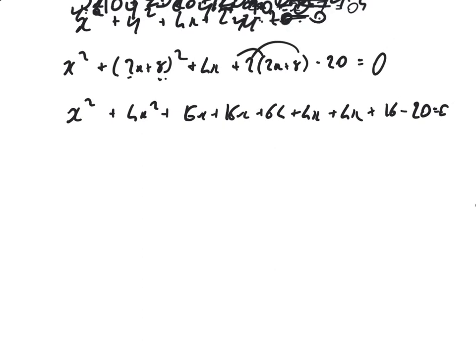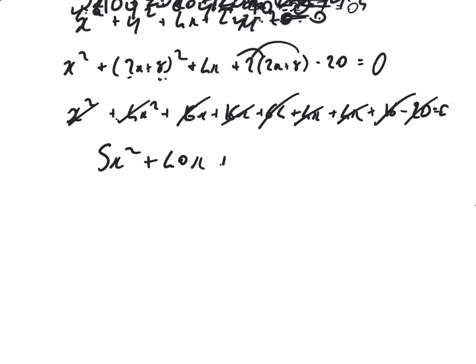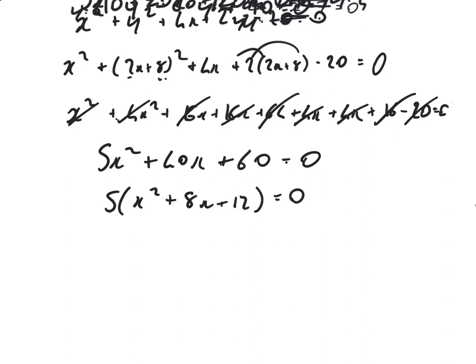Okay, so that is 5x squared, 32x, 36x, 40x, and then I've got 64 plus 16, which is 80, take away 20, which is 60, is equal to 0. Okay, so that's 5 bracket x squared plus 8x plus 12 equals 0.